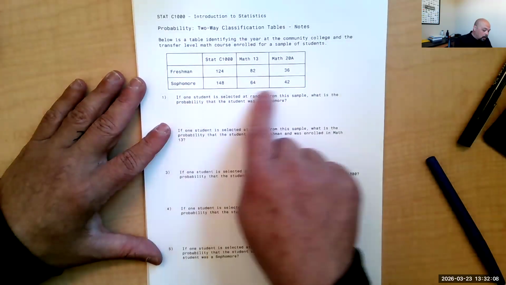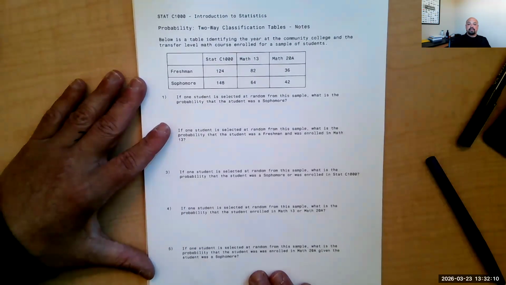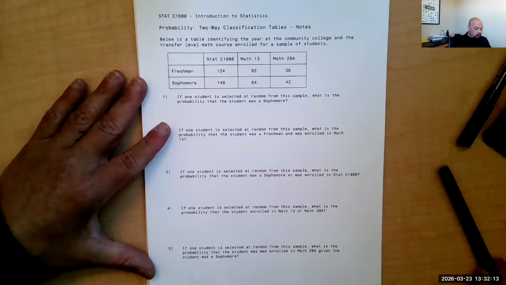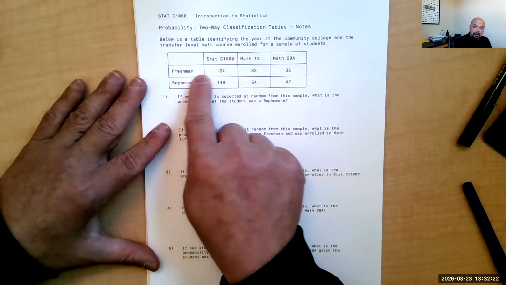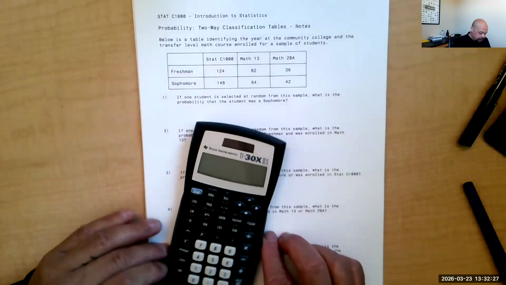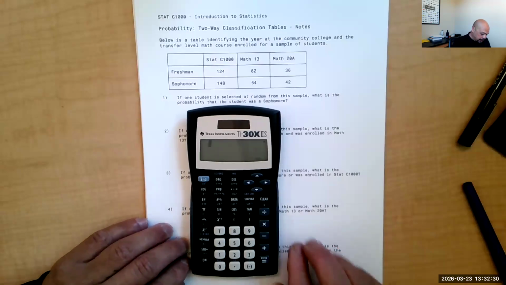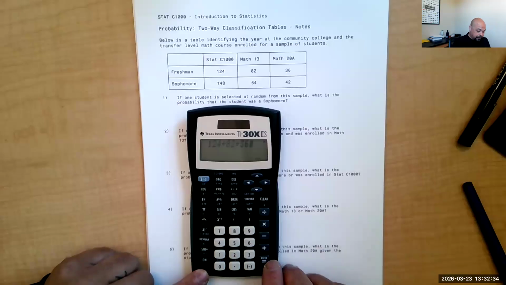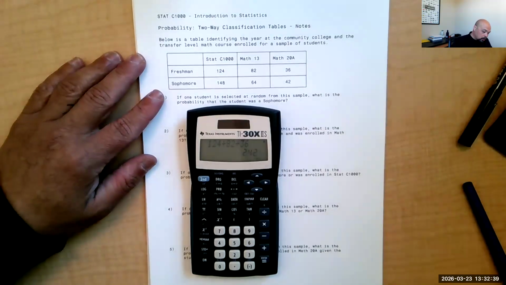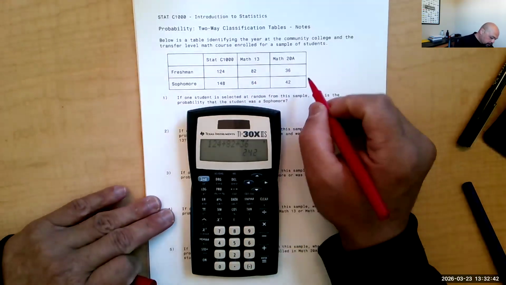We look at this data, and we have all these different students that we've taken this information from. One thing before we get into the calculations is figuring out how many students, how many values are in each of these different groupings. If I take the sum across that top row, all these freshman students, 124 plus 82 plus 36, pressing enter here, the total number of freshmen is 242.